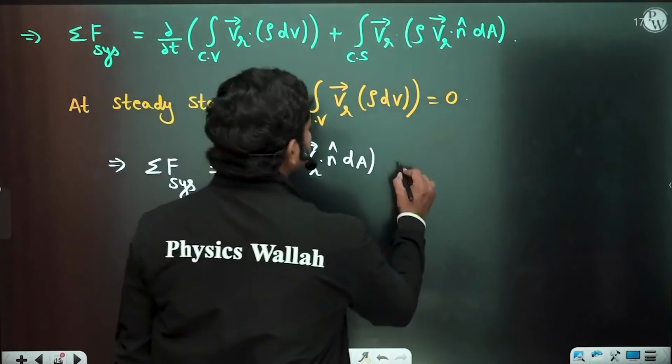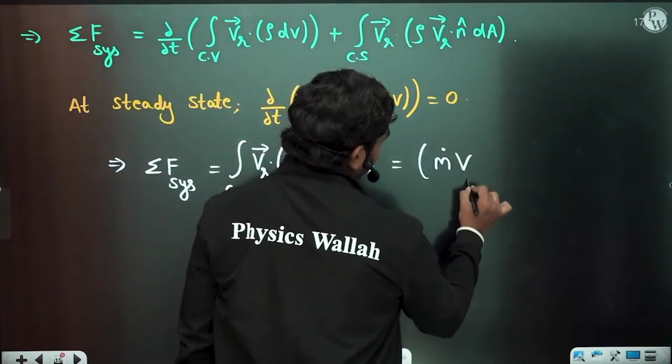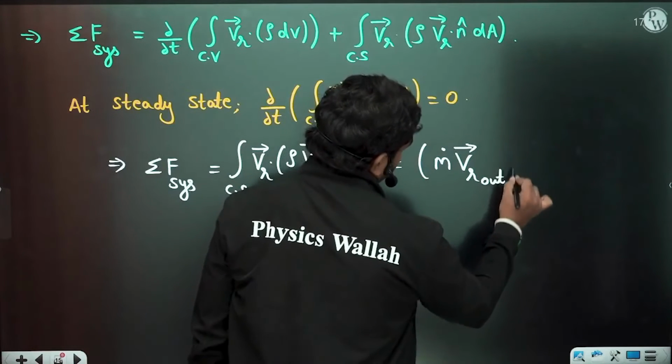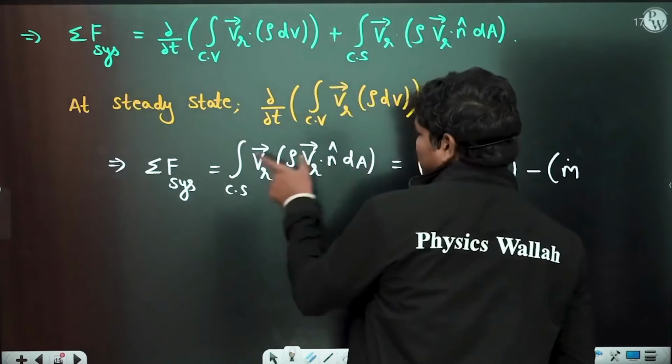So what is the net rate of momentum that actually leaves? You can write that as mass flow times V relative out, minus mass flow times V relative in, because this is the expression for the complete control volume.